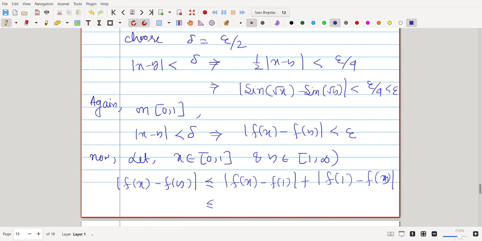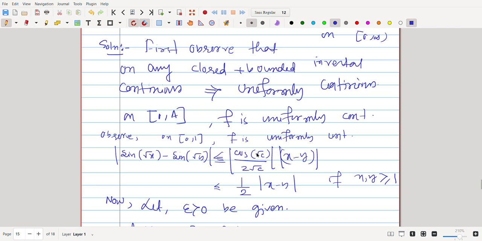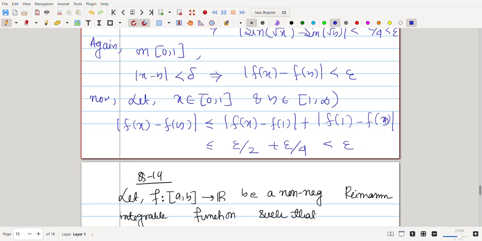Now from this part we'll have epsilon by 2, right? And for this part you have epsilon by 4. So ultimately you have less than epsilon. So hence for all three cases we have shown that we can choose a uniform delta, which is epsilon by 2, such that this holds. Okay, hence this one is uniformly continuous. This implies f is uniformly continuous.